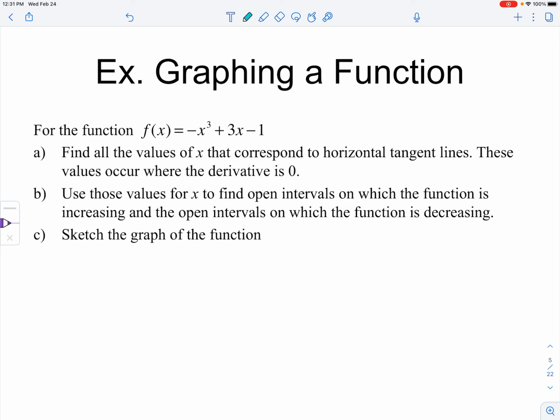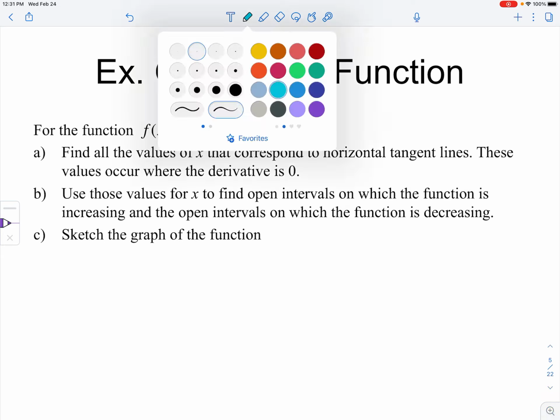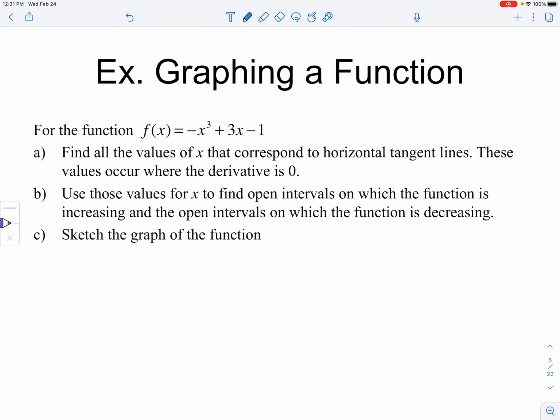Their graphs are smooth continuous curves. You have graphed polynomials in the past, but we're going to figure out a rough sketch of what this polynomial looks like from answering these questions that involve calculus.